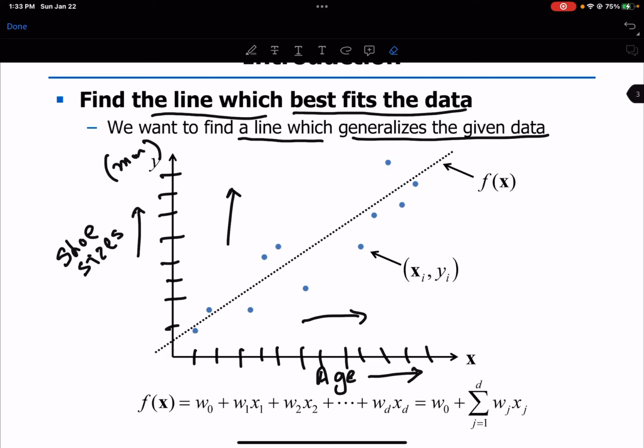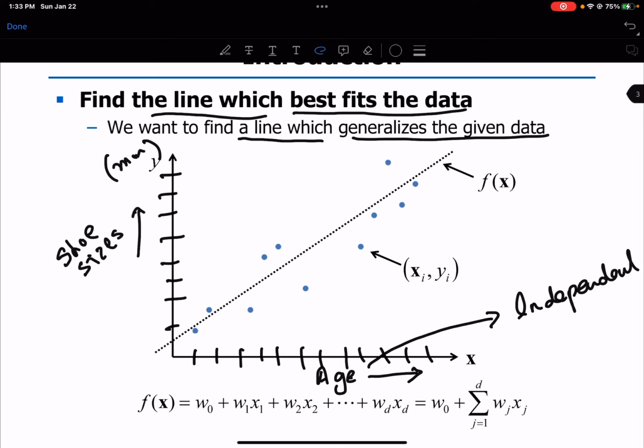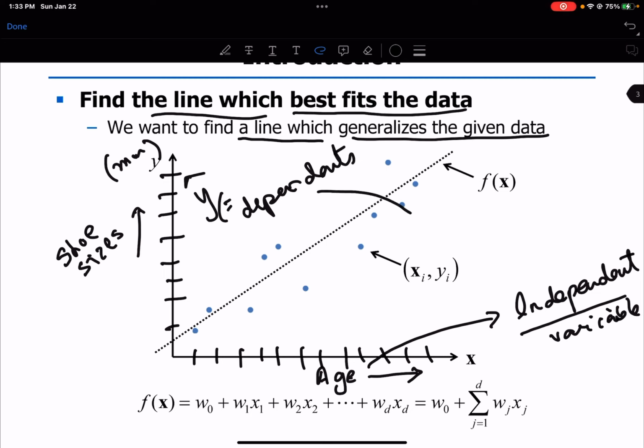Here we call x the independent variable and your y is the dependent variable, because your y depends on values of x, which are the predictor variables.